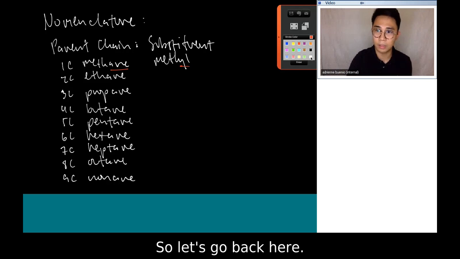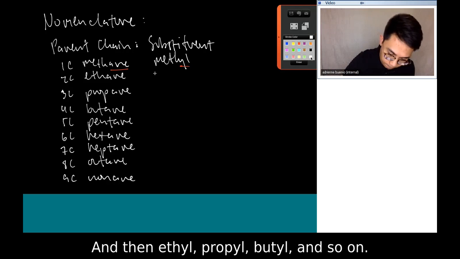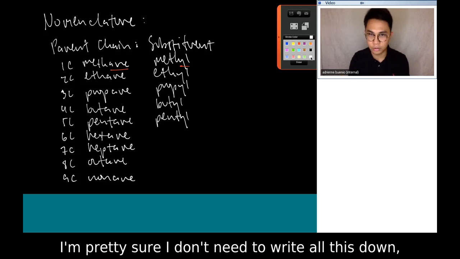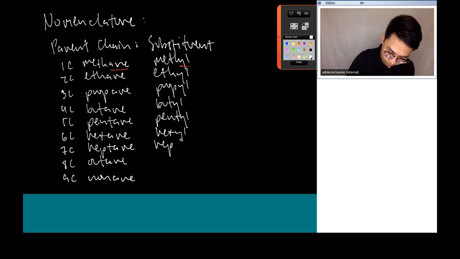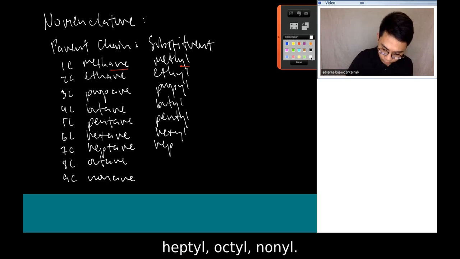So let's get back here. And then ethyl, propyl, butyl, pentyl. I'm pretty sure I don't need to write all this down, but I'm too deep into this, so I have to finish. Heptyl, octyl, nonyl.